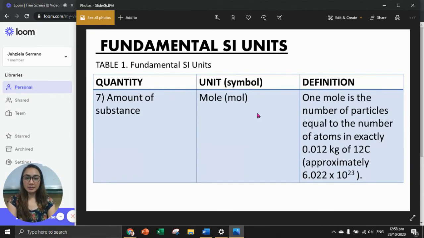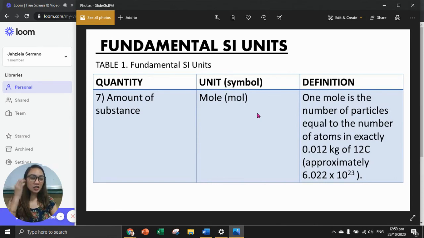Okay. Next, we have amount of substance. So here, magpo-focus tayo dyan in our later discussions, modules. Marami kayong ma-identify, yung mole. So sabi rin dyan, 1 mole is the number of particles equal to the number of atoms in exactly 0.012 kilograms of carbon-12, which is approximately 6.022 times 10 raised to the 23rd power.